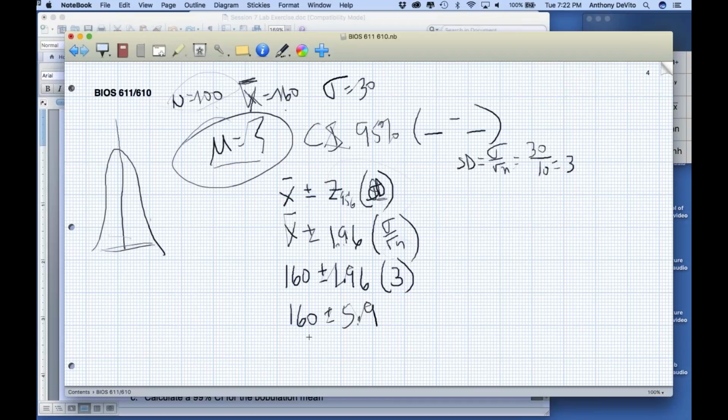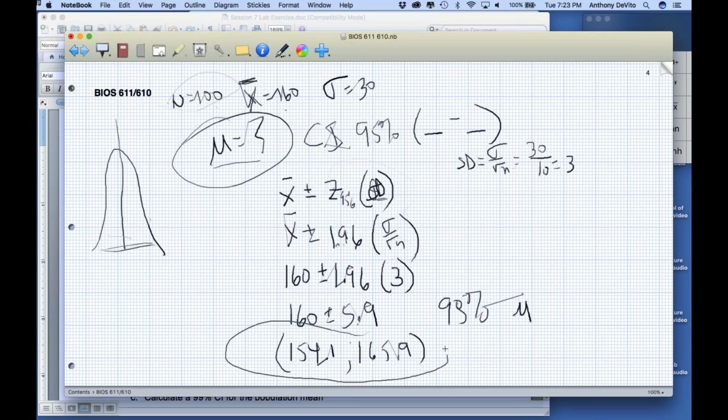So 160 minus 5.9 is going to be 154.1, and 160 plus 5.9 is going to be 165.9. So we are 95% confident that the true population mean, mu, lies between 154.1 and 165.9.